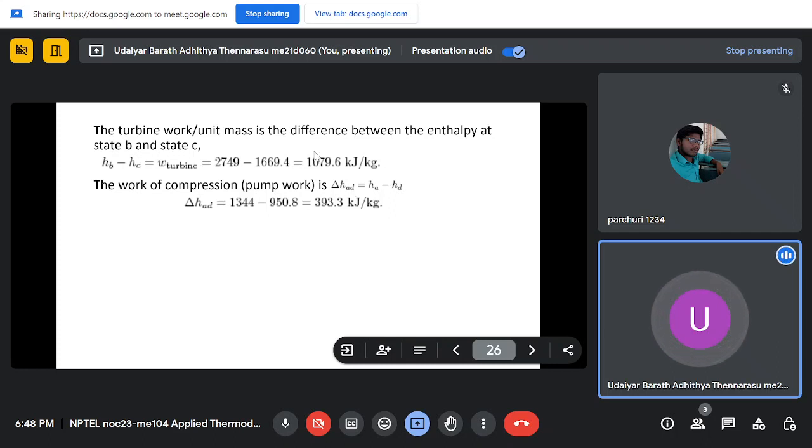And work ratio is the net work divided by turbine work. Net work is turbine work minus the compression or pump work. So it will be 1079.6 minus 393.3 divided by 1079.6. So that will come out to be 0.635.